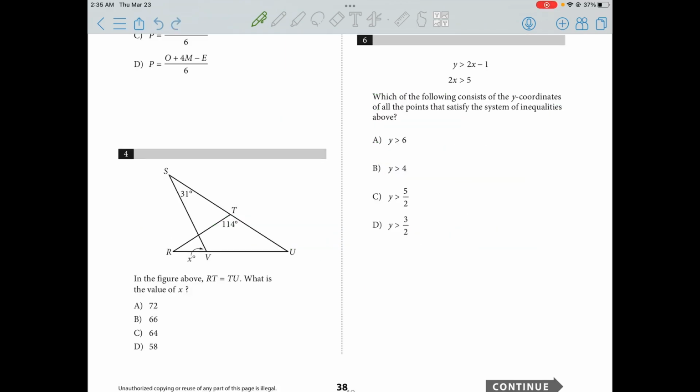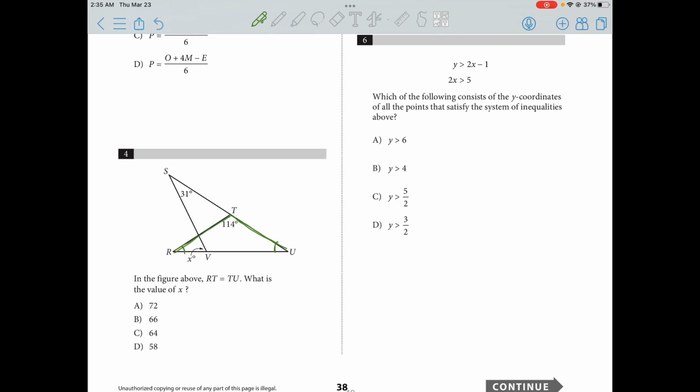Let's look at number 4. It's a bit more challenging, but we can do this. We have RT equals TU. That means we have an isosceles triangle right here, which indicates that these two angles are the same. So how do you solve for these two angles?